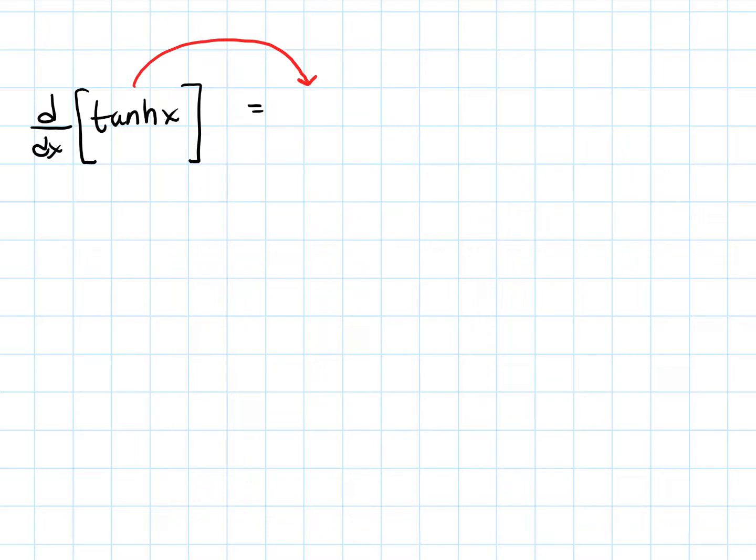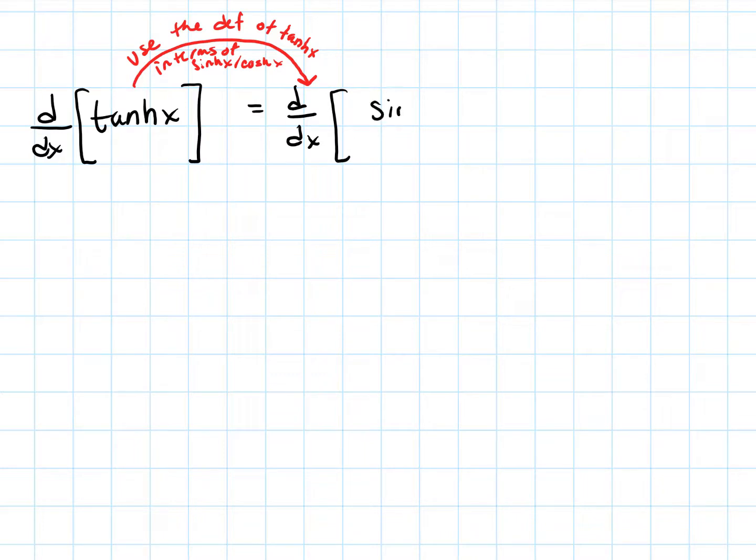So for the derivatives of all the other four, let's just use the definition of the hyperbolic tangent of x in terms of sinh and cosh. I would prefer to work with the more simplified version, since sinh and cosh are exponentials, but we've already proven what their derivatives are.